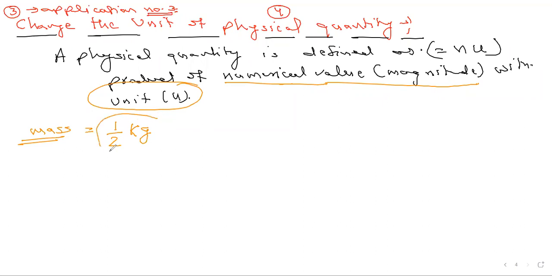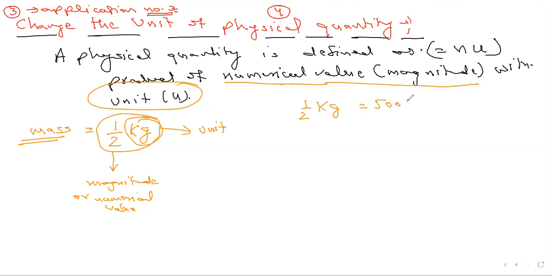So here you have two things: one is the magnitude or numerical value, and the second is the unit. Now when I say 1 upon 2 kg, I may write 500 gram also. May I say it like that?